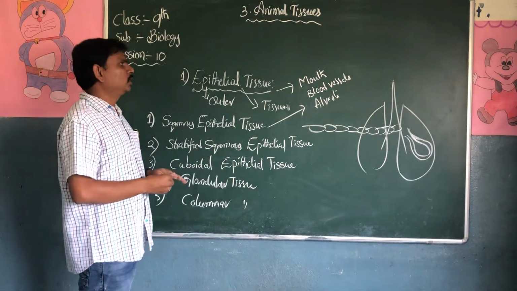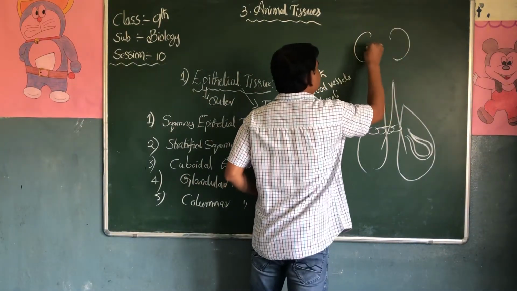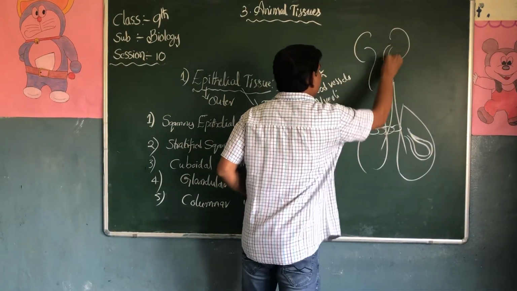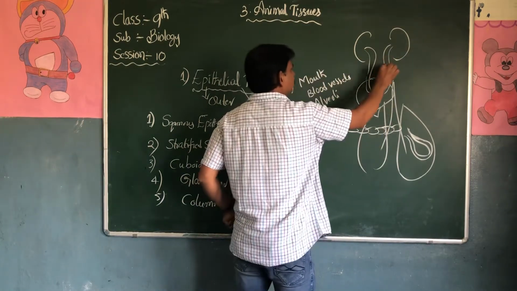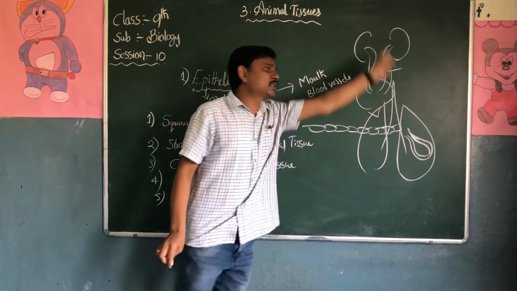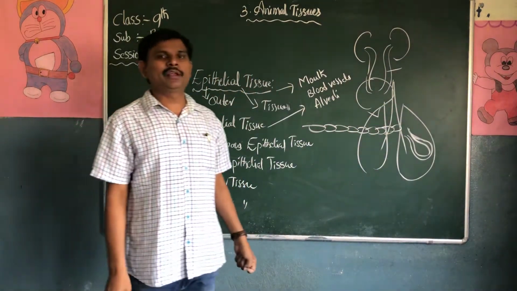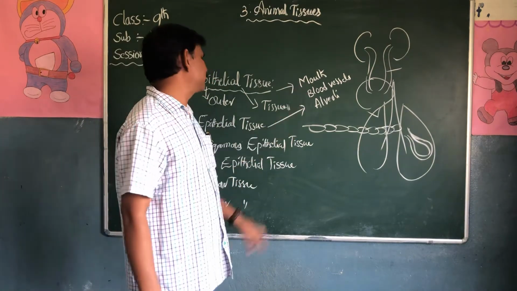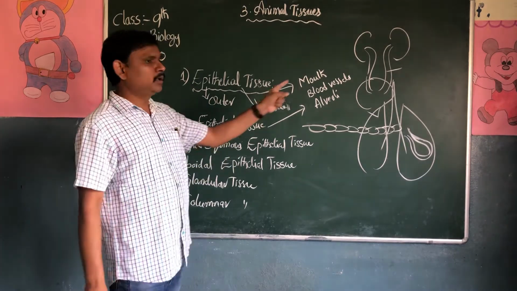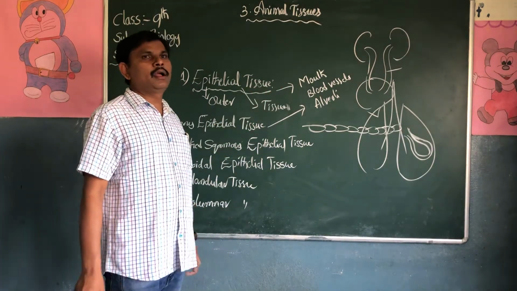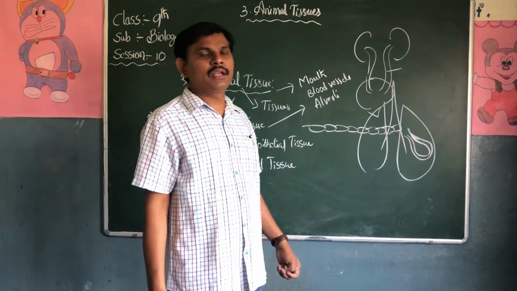The kidneys are attached to the ureters, and the urine enters the bladder through them. In the walls of the ureters there is cuboidal epithelial tissue, in the tubules, in the ureters, and also in the salivary glands.